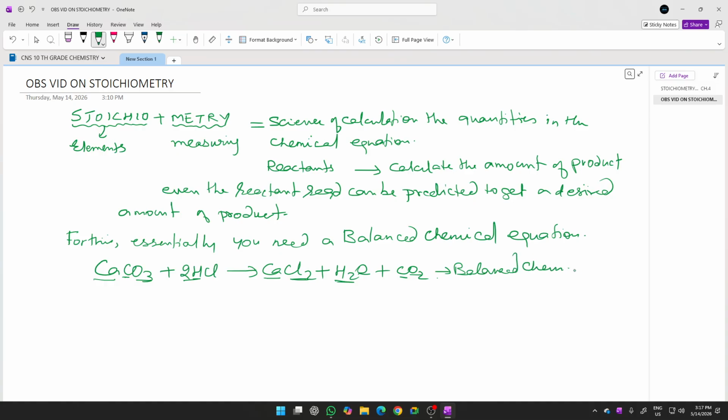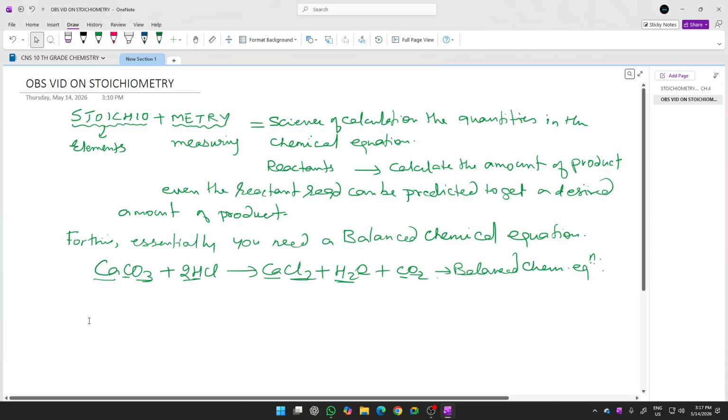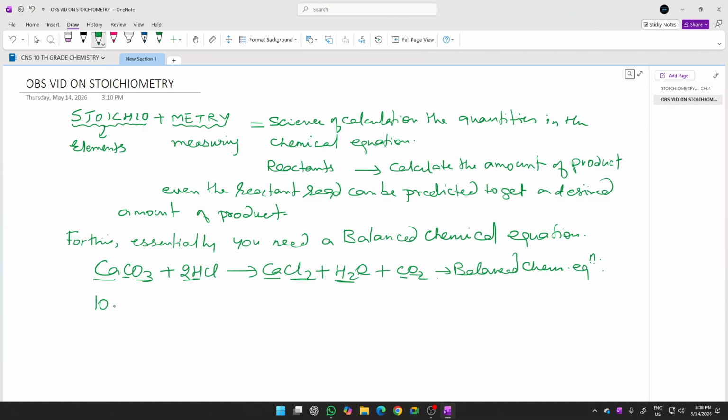I'm trying to make you understand what stoichiometry really helps you with and how it helps you. Suppose this balanced chemical equation is given to you, and somebody tells you that 10 gram of calcium carbonate is taken. These are the reactants on the left hand side, one reactant and another reactant.